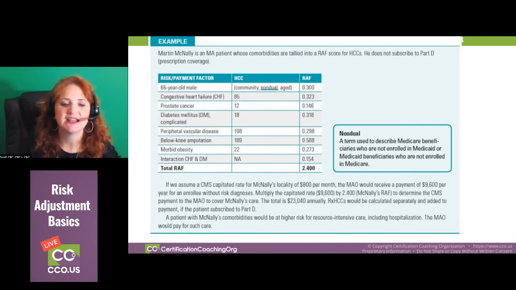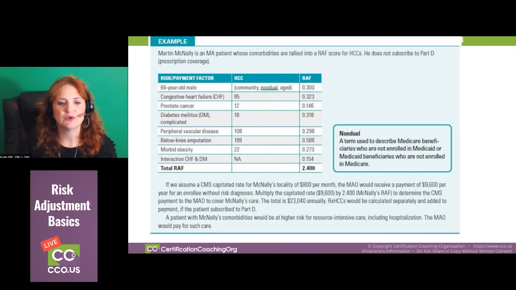Here is a little example that you can find in your book, and I love the way they've got this divided up. Notice that it says non-dual, a term used to describe Medicare beneficiaries who are not enrolled in Medicaid or Medicaid beneficiaries who are not enrolled in Medicare. So in other words, that patient doesn't have other insurance coverage.